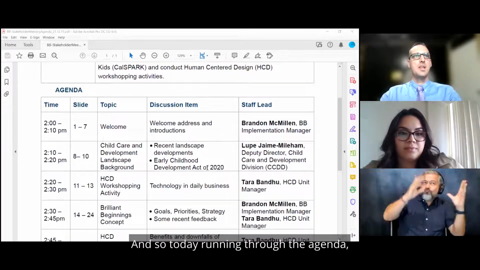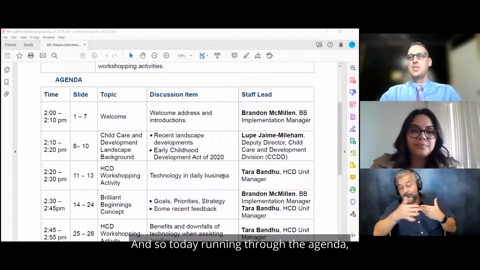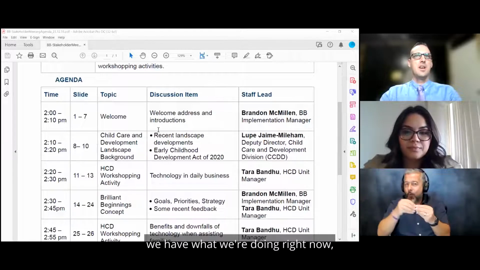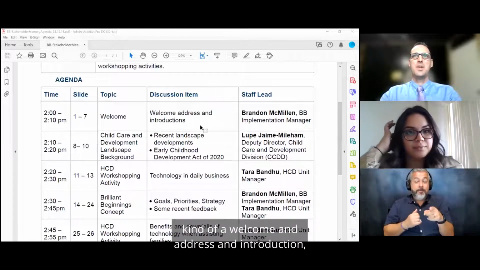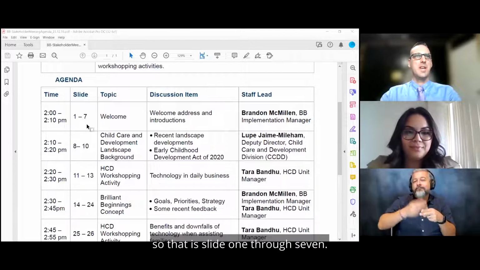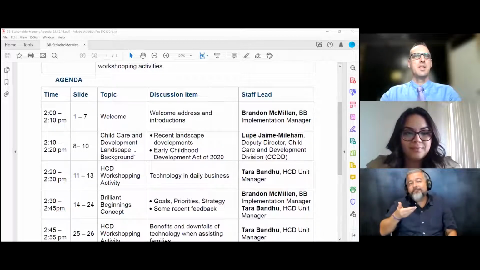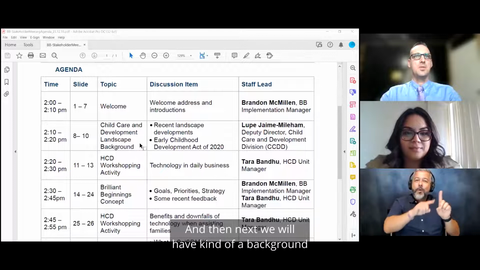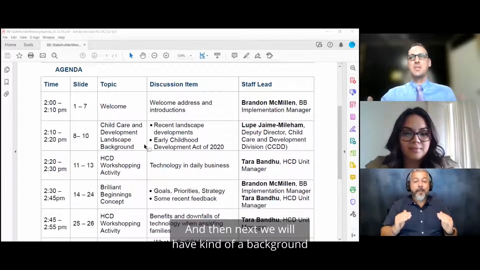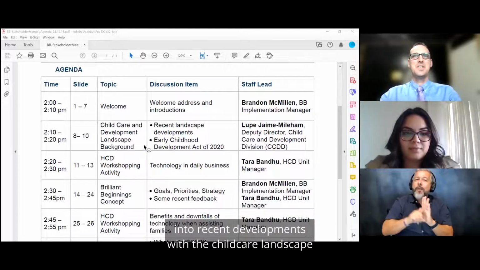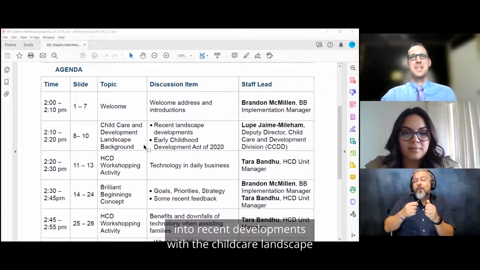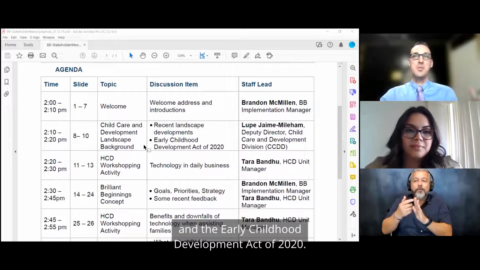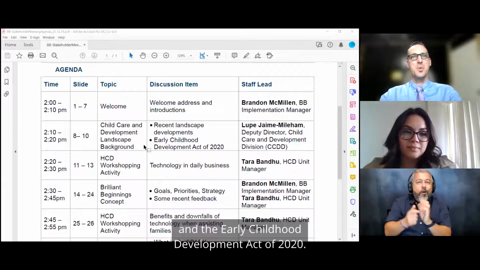And so today, running through the agenda, we have what we're doing right now, a welcome and address and introduction. So that is slide 1 through 7. And then next we will have a background into recent developments with the childcare landscape and the Early Childhood Development Act of 2020.